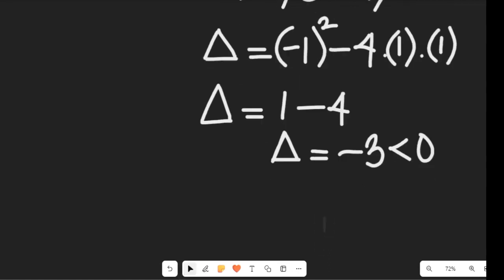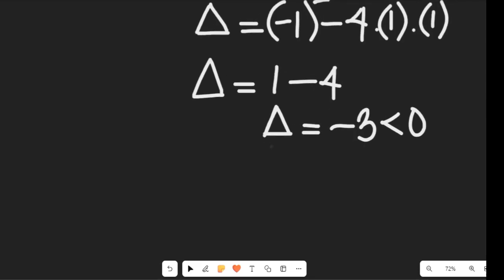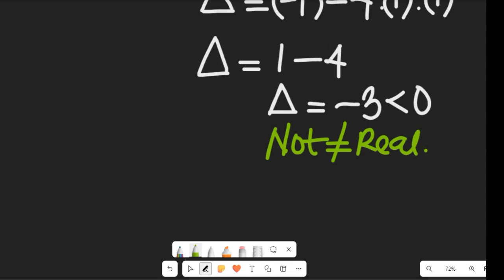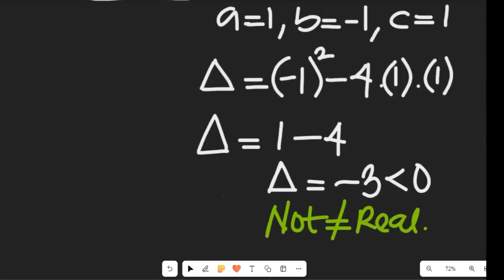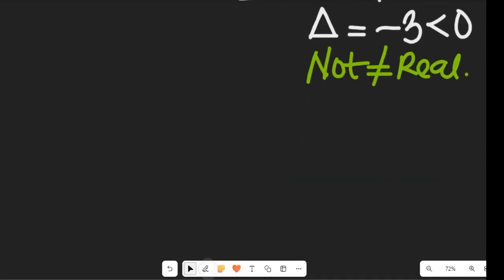So since negative 3 is less than 0, that means this is not a real solution. It's not equal to a real solution. So this is going to give us imaginary results, and such is not real. So the only real solutions we have are just two solutions.